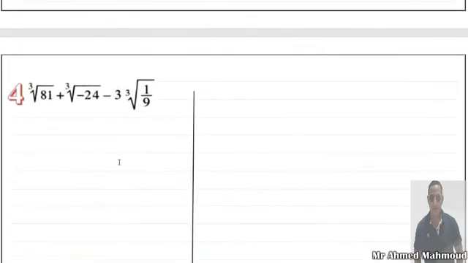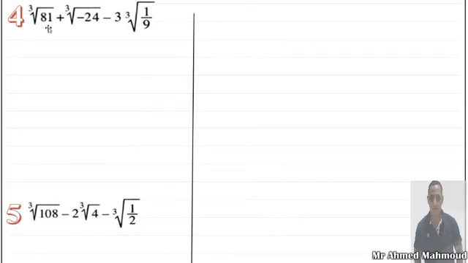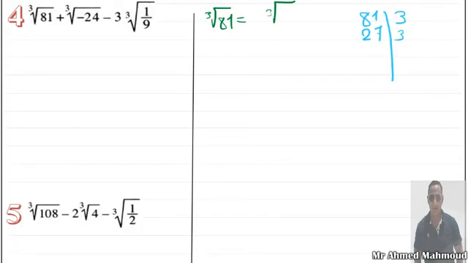The next one, here we have cubic root 81, cubic root like this, and 81 divided by 2, it doesn't go, it is divisible by 3, 27, but divided by 3 is 9, divided by 3 is 3, divided by 3 is 1.